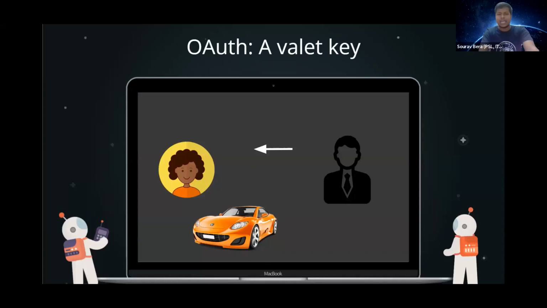Now let's take a real world example to understand OAuth. Understand OAuth as a valet key. Think of a luxury car. If I own a luxury car, it has a valet key. A valet key is a special car key that valets can use to move the car a short distance, maybe to and from the parking space. But imagine the key comes with a limitation that it cannot be used for far distances, or you cannot take it out of a particular radius, right?